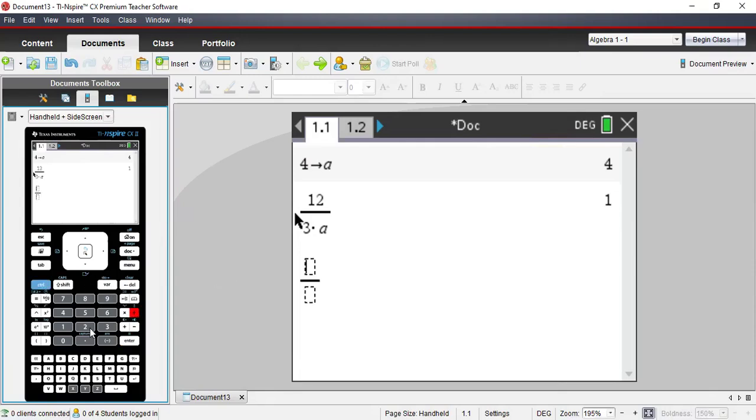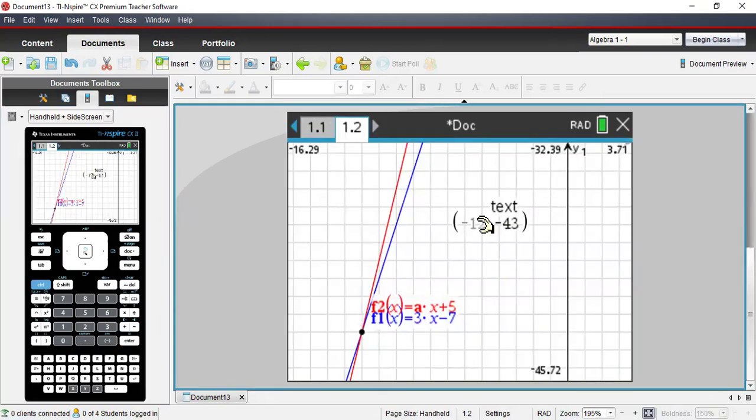Control divide. This is going to be 12 divided by 3 minus A, and I put A here. And I get a negative 12. That's it. That's my answer. That's what I'm looking for. Now you could keep going and try the other ones, but that's my answer. That was my intersection.